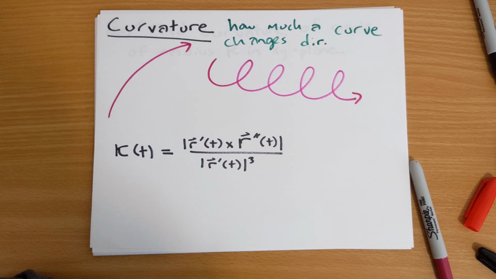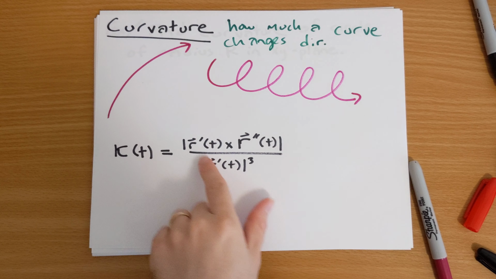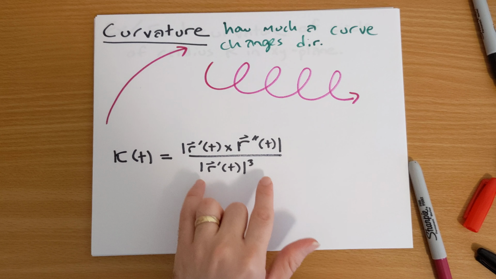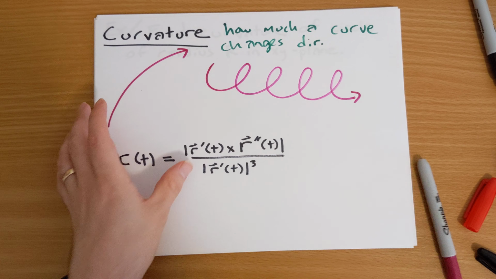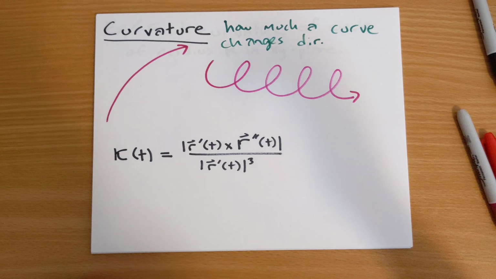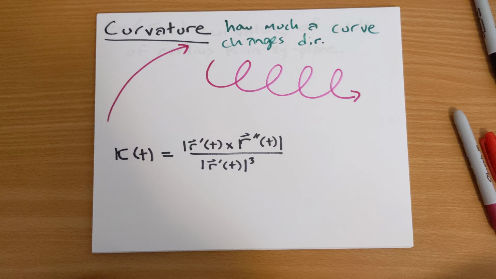And so kappa is our Greek letter that we're using to represent the curvature of a function, and we have an r of t that traces out each of these curves here. The only formula I want you to be familiar with is this formula right here.